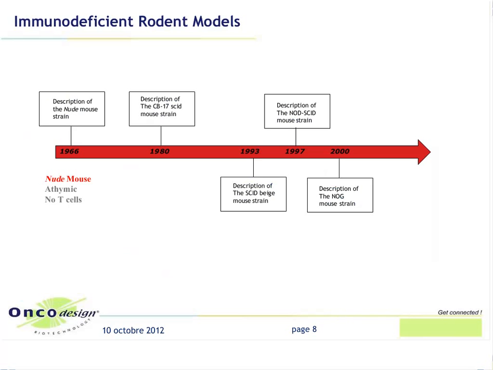A big step in the development of xenografted tumor models was due to the arrival of the new mouse strain, the nude mouse, in 1966. This strain is athymic, without T cells.